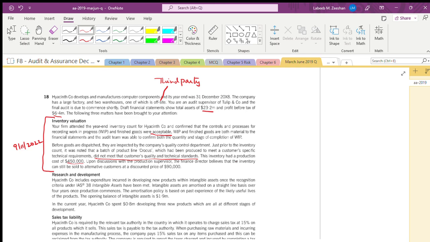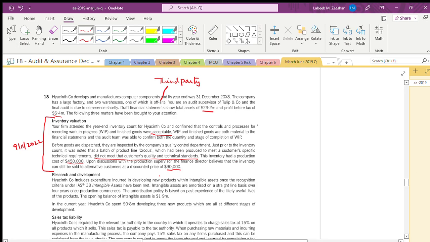We have to know the value of the inventory: 450,000. Upon discussions with the production supervisor, the finance director believes the inventory can still be sold to alternative customers for 90,000.